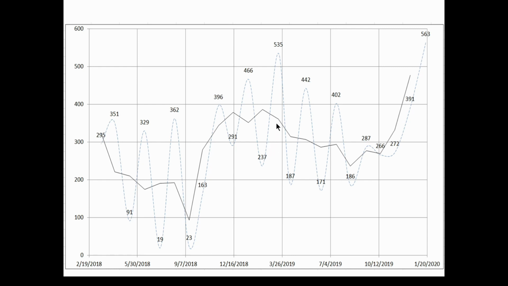Now, there are two graphs here. One is a dashed blue line that bounces around, and the other is a solid black line that is more consistent. Now, what's the difference? Well, the dashed line represents the readings that the utility has. Now, why are they bouncing around?